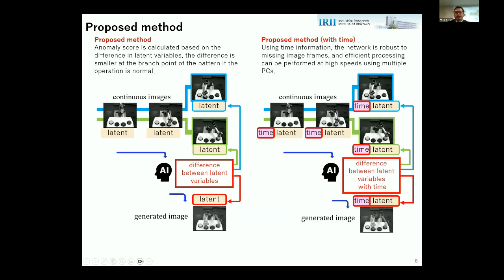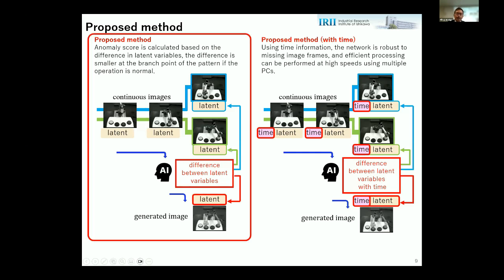And next is the proposed method with time. Using time information, the network is robust to missing image frames and efficient processing can be performed at high speed using multiple PCs. First, I explain this without-time method.